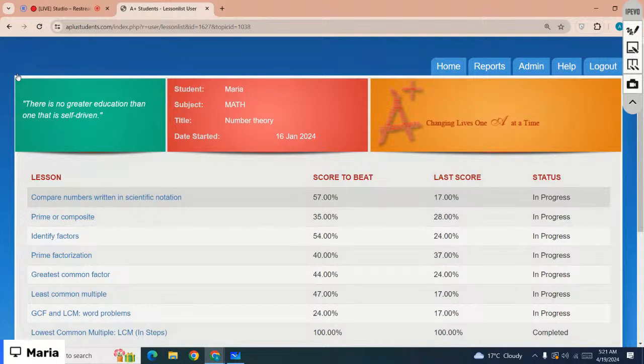The next lesson is identify factors. Let's just start with the next lesson.